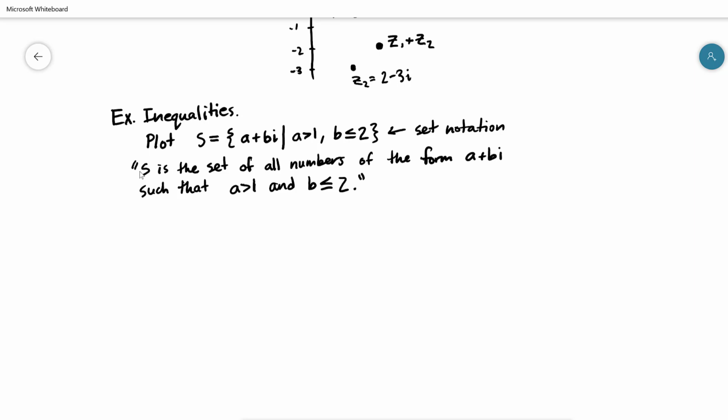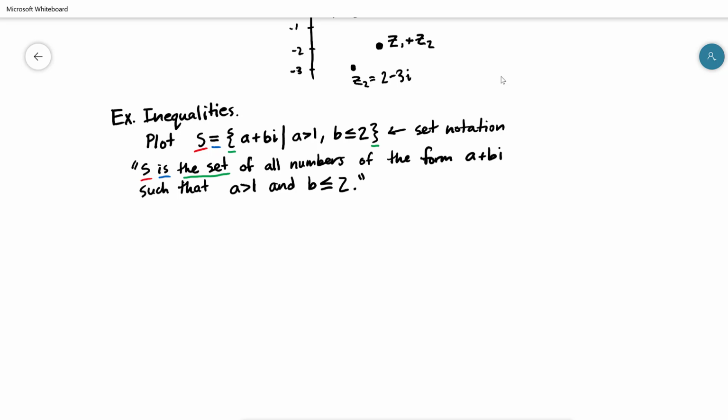S is, so S equals, the equals corresponds to the word is, so we can kind of color code it here. S, the equal sign goes with the word is. When you see these symbols, those curly brackets, that's how we know we're talking about a set.